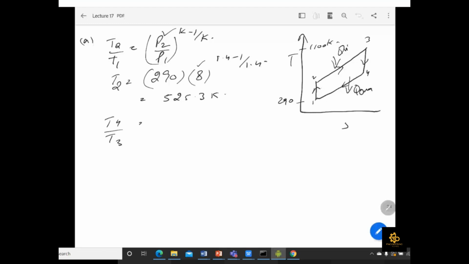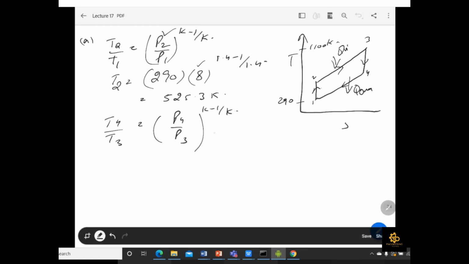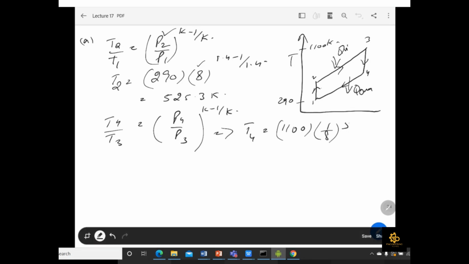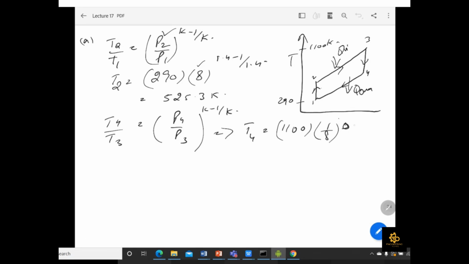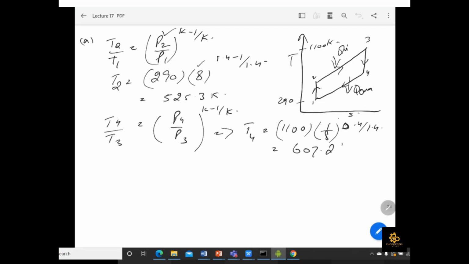So T4 over T3 is equal to P4 over P3 to the power K minus 1 over K. And from here we can easily find the value of T4. T3 is 1100 Kelvin, and P4 over P3 is equal to the inverse of the pressure ratio Rp, to the power 0.4 over 1.4. Okay, and from here we get the value of T4, which is equal to 607.2 Kelvin.